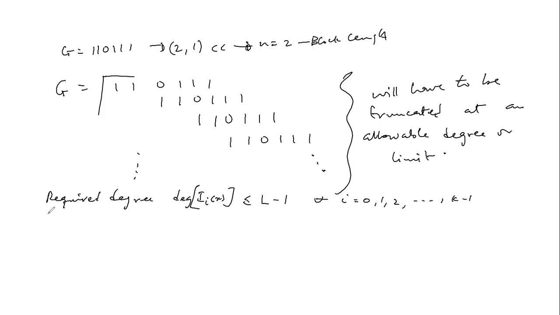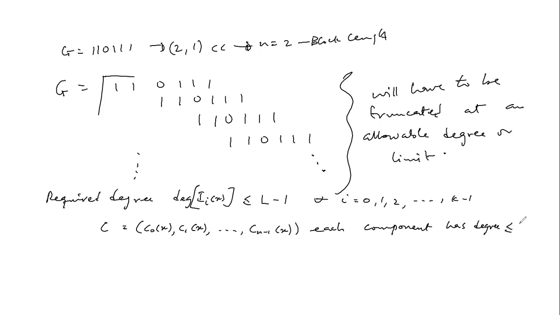And then the code word C is the same as C0(x), C1(x), all the way to C_{n-1}(x), such that each component has degree less than or equal to n plus L minus 1.